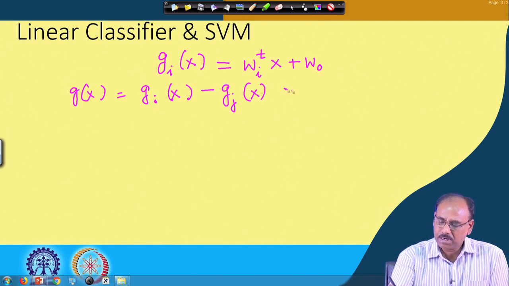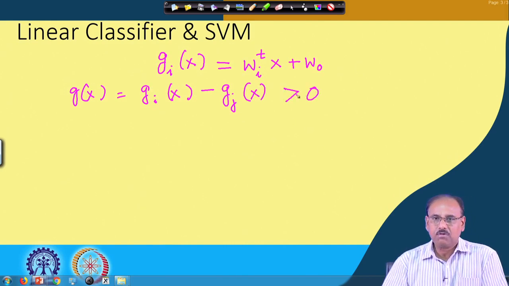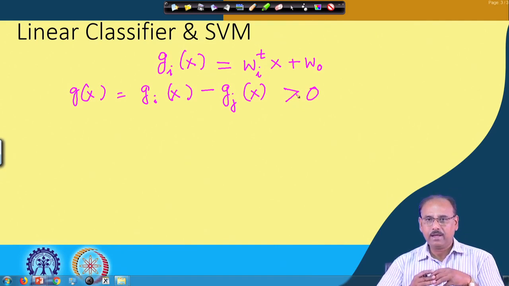If this becomes greater than 0, that means for any given sample x the discriminant function for class omega i is greater than that for class omega j, and our conclusion is that x belongs to class omega i.